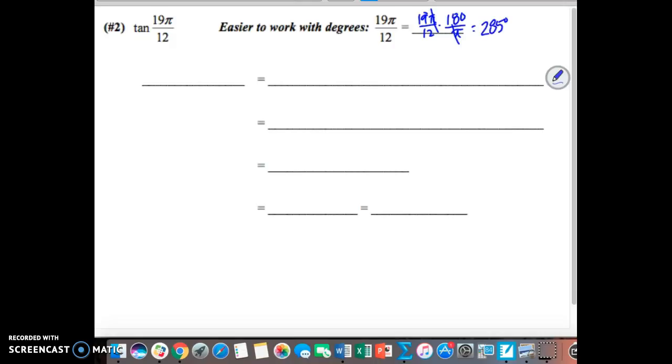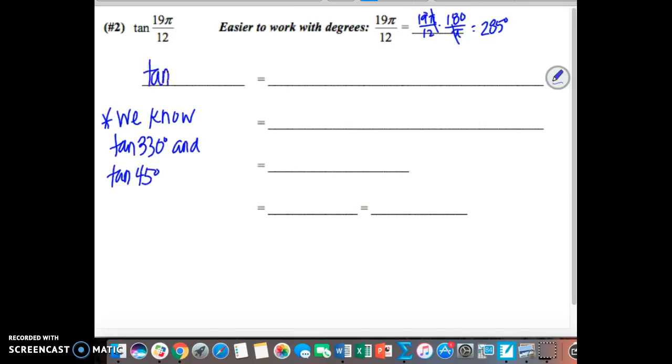So now we need to think of angles we know. So we know tangent of 330 degrees, and we also know tangent of 45 degrees. If we take 330 and subtract off 45, we are left with 285 degrees.